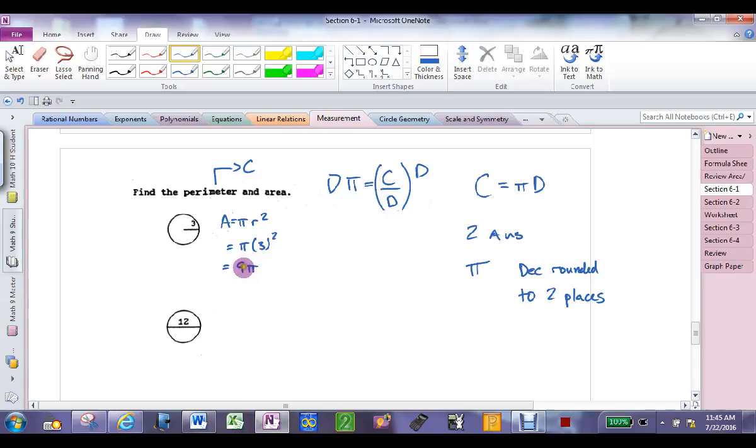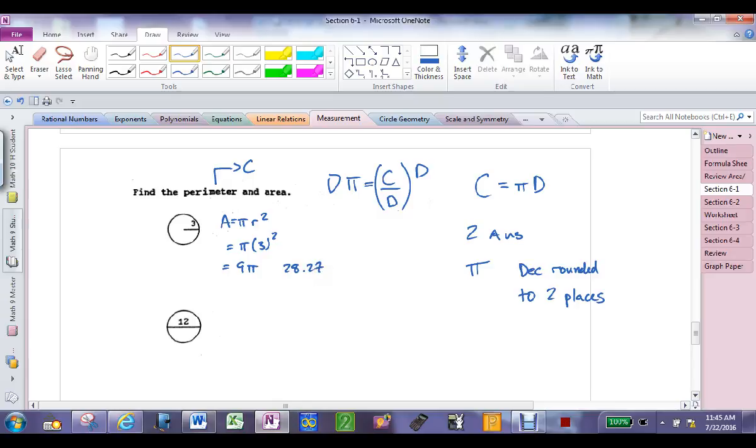Then on your calculator, you're going to give me that as a decimal, which is 9 times pi. Now wait a second. Estimate first. Pi is close to 3, right? So 9 times 3, it's got to be close to 27, right? So if you punch into your calculator and you get something that isn't close to 27, have you done your calculating right? No. It's 28.27.